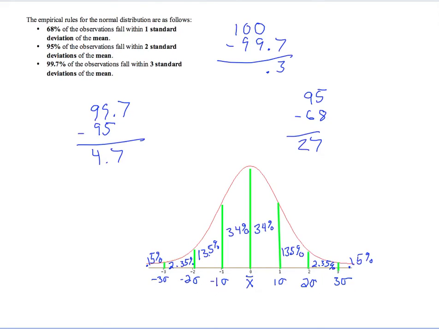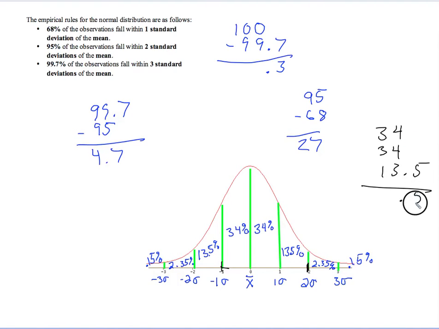So I'm going to go back to this one. One below, right here, so that's 34. And one here is 34. And going all the way to here, 13.5. So there is one below to two above.